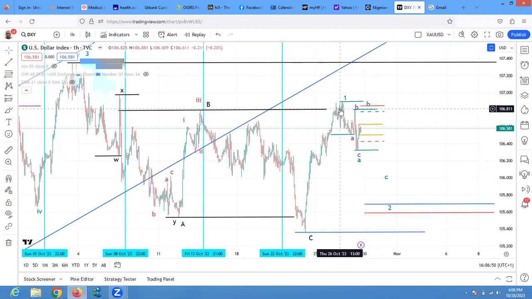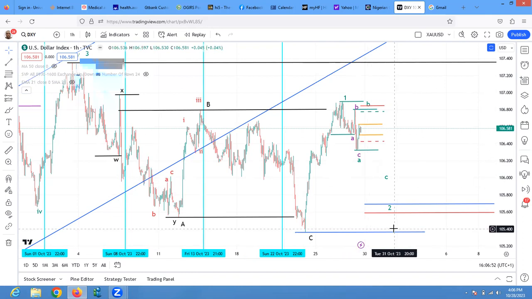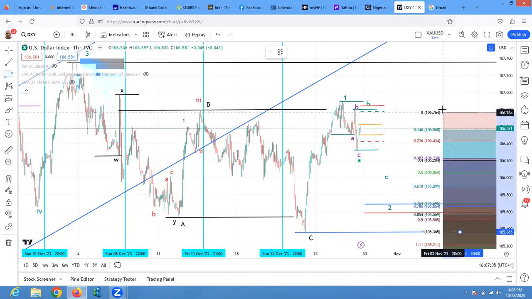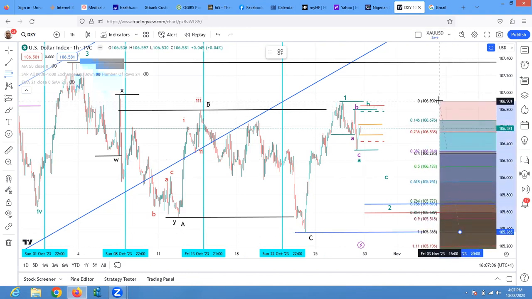So it might just be the end of the move here and we are coming down. But we are still calling for more upside. So in this, what we are telling ourselves is that from here, a retracement to the upside, so this is 78, this is 85. We don't expect price to break this.